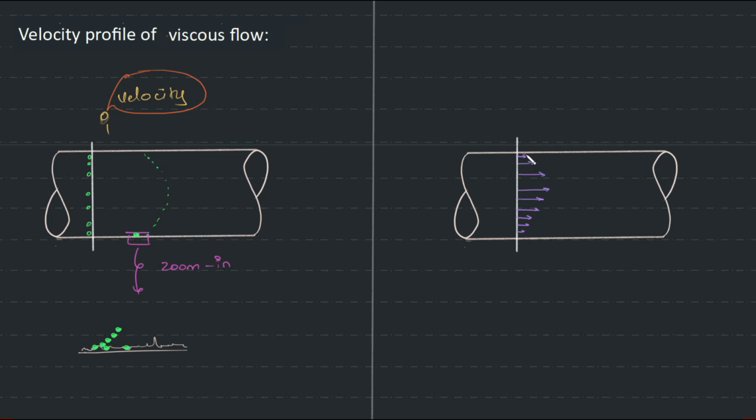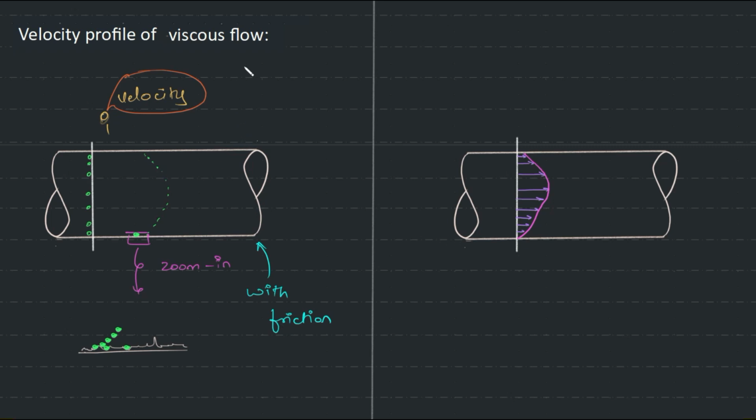By chance, maybe this side it has some velocity, and this end it might be this. Remember, this pipe is with friction. So we're looking at laminar flow.